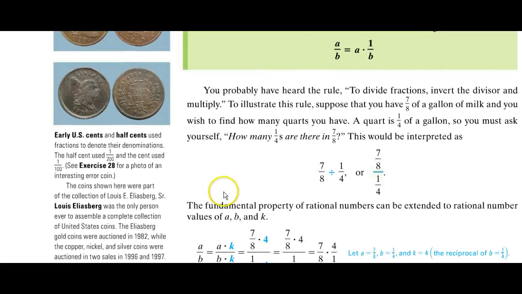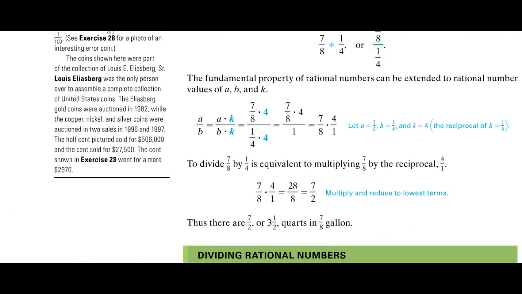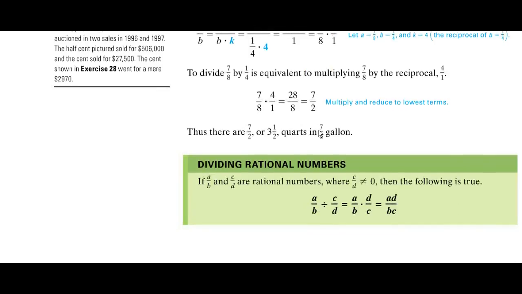Now in division, they're going to give us some rules, and I will go over them. It's kind of detailed here, but let's look at this. Here's your basic rule for dividing fractions.